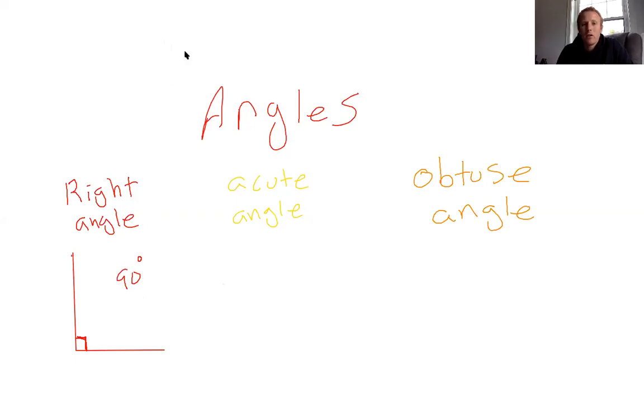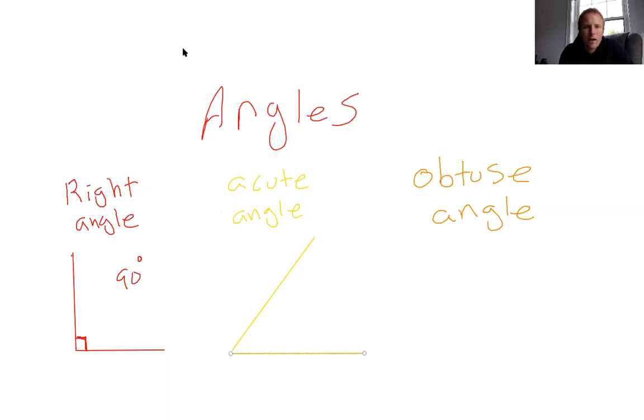An acute angle is an angle that is less than 90 degrees. So for example, this angle right here that I'm drawing for you is less than 90 degrees. 90 degrees would be like straight up and down from this point, and this obviously is less.